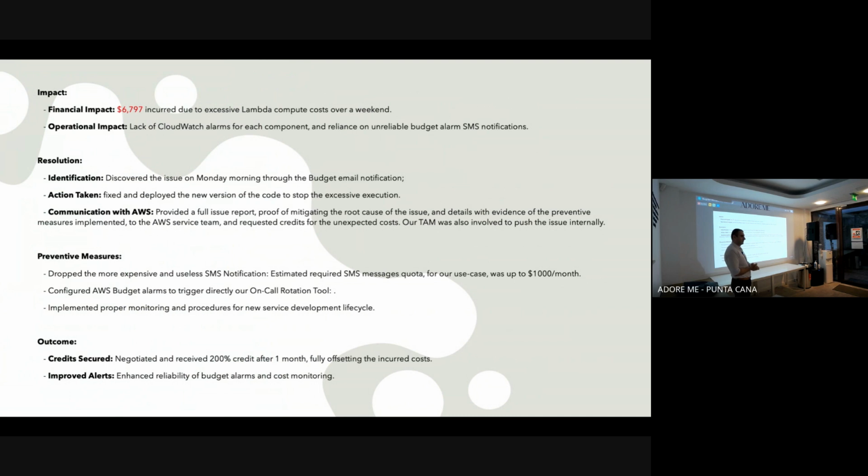Do you think that having multiple accounts will help you in this situation? I'm just asking. Multiple accounts of what? Like multiple accounts for different services, different teams, different whatever. We have that, yeah. We have a bunch, so the budget alarm needs to be on all the accounts, and you need to set budget alarms for each account.